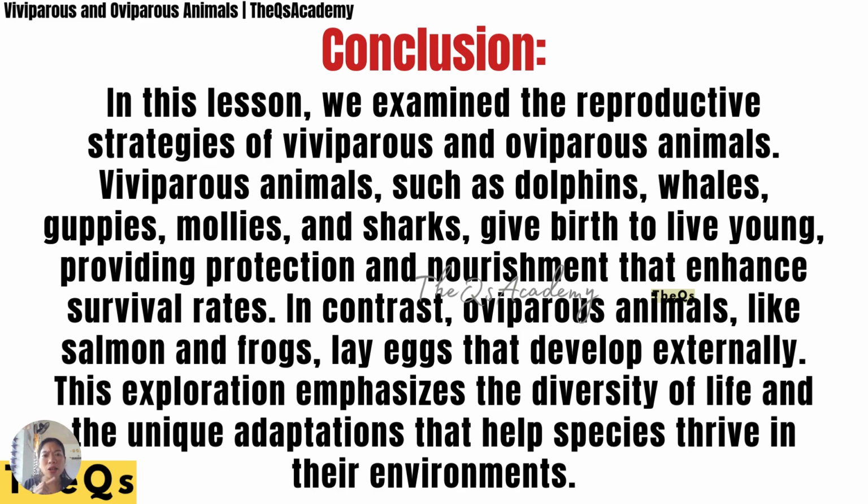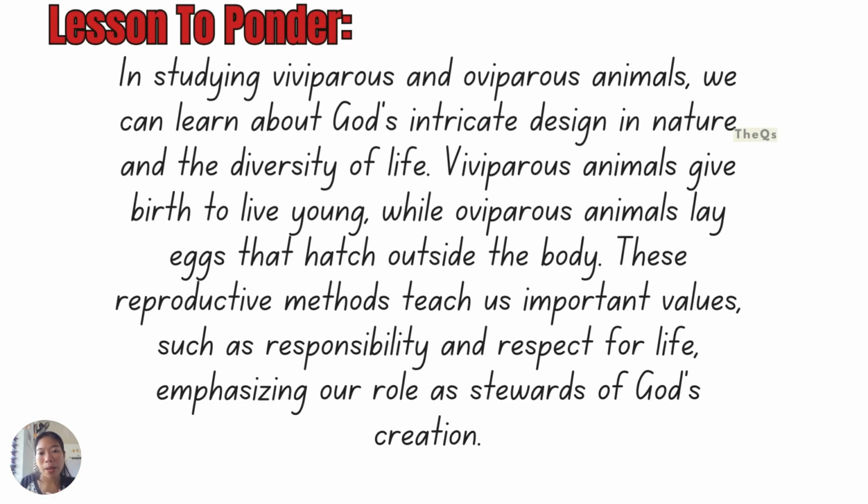So take note that oviparous animals develop externally, but viviparous animals develop inside the mother's womb. This exploration emphasizes the diversity of life and the unique adaptations that help species thrive in their environments.